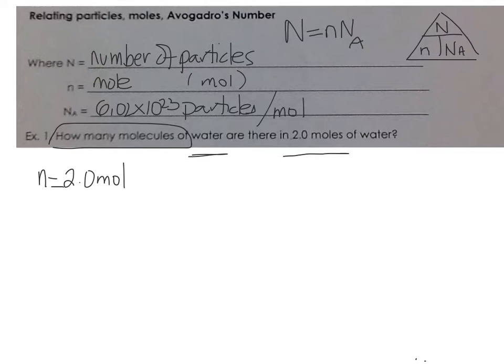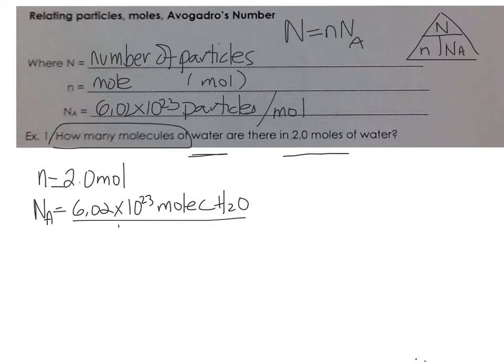It's covalent. So Avogadro's number has molecules. So we are looking for big N.